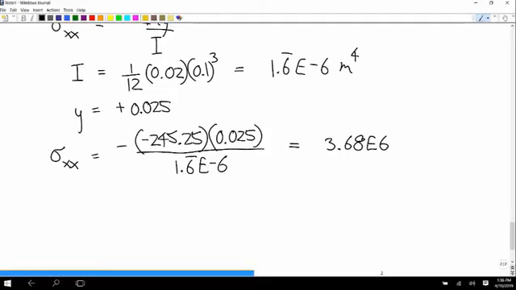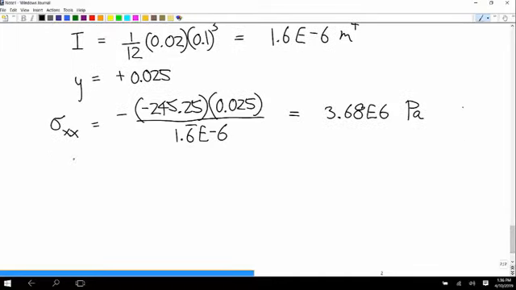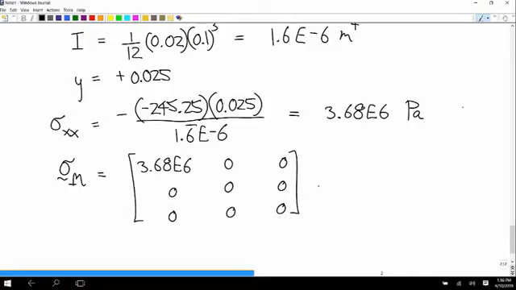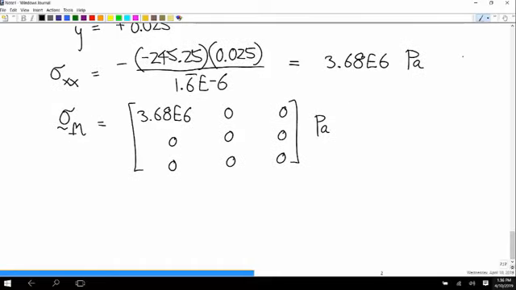Okay, times 10 to the 6 pascals. And so the stress tensor due to the bending moment is 3.68 times 10 to the 6, zeros everywhere else. This is pascals. And now the stress due to the shear force.